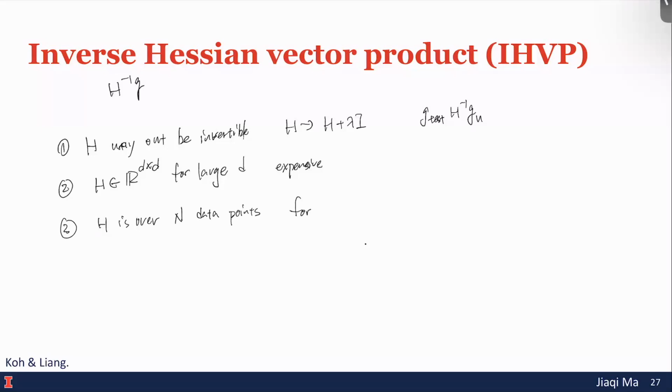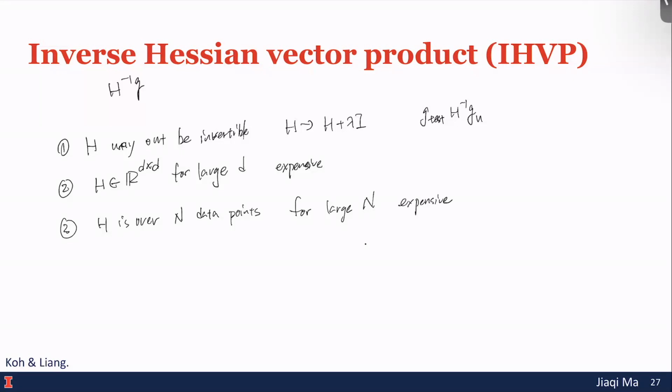For large n, there will be both a memory issue and the computing cost is very high, right? So for large n, it's also very expensive. These are the practical problems we face when we try to generalize this influence function to large, complicated neural network models.